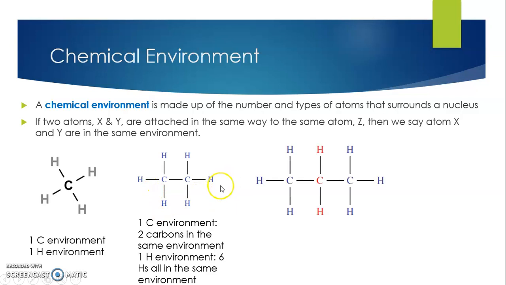Okay. When things get a little bit more complicated, look at this propane. For propane, you probably have a sense that if it's colored in the same way, it's probably in the same environment. Yes, so we have three carbons. The two carbons on the end, if you are to describe the environment, or another way to look at this is that if you imagine yourself as the carbon, what you will see is that three of your hands are holding one hydrogen each, and the fourth hand is holding a C2H5 group.